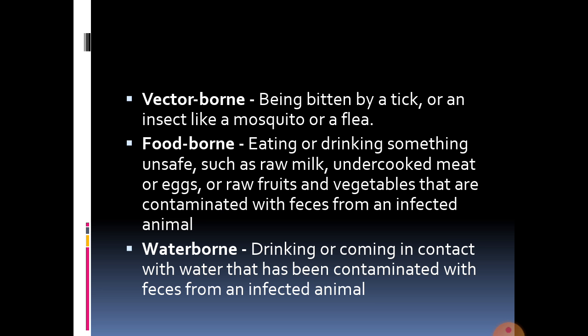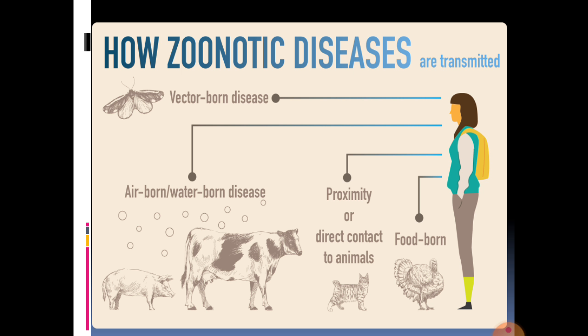It can be food borne also by eating or drinking something unsafe such as raw milk, undercooked meat or eggs, or raw fruits and vegetables that are contaminated with feces from an infected animal. It can be waterborne when drinking or coming in contact with water that has been contaminated with feces from an infected animal.